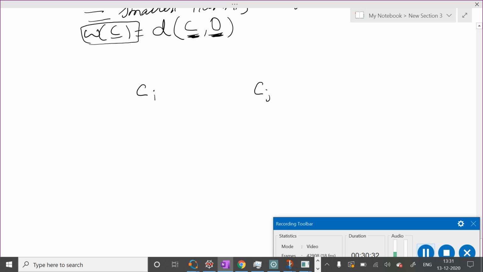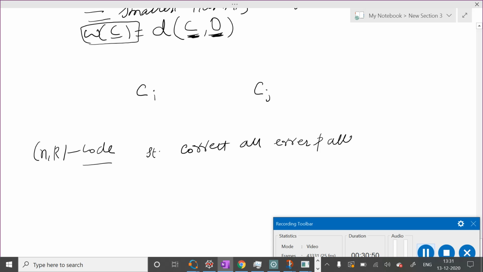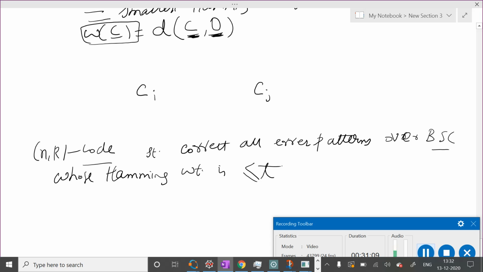And let's say that we need to design an NK code such that it should correct all error patterns over a binary symmetric channel, that is when binary errors are there, whose Hamming weight is less than or equal to t.